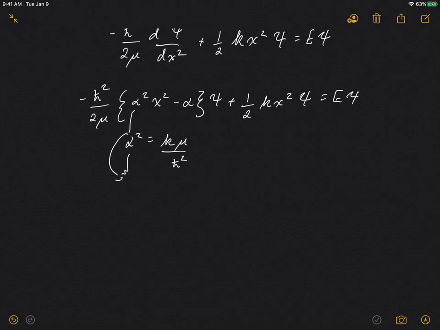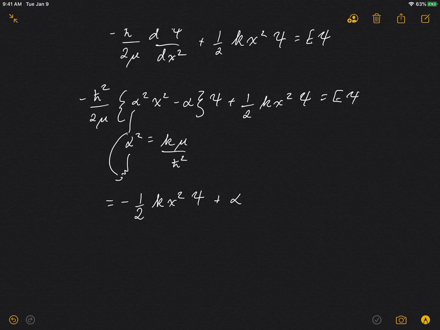That's going to give us, see, some things will cancel there. We've got a mu in the numerator and a mu in the denominator, and k doesn't cancel, but the h bar squareds cancel, and so we get equals minus 1/2 kx squared psi, sorry, that's supposed to be a half, and then we have this alpha here, and it still has the factor of h bar squared over 2 mu, so we'll keep that for now.